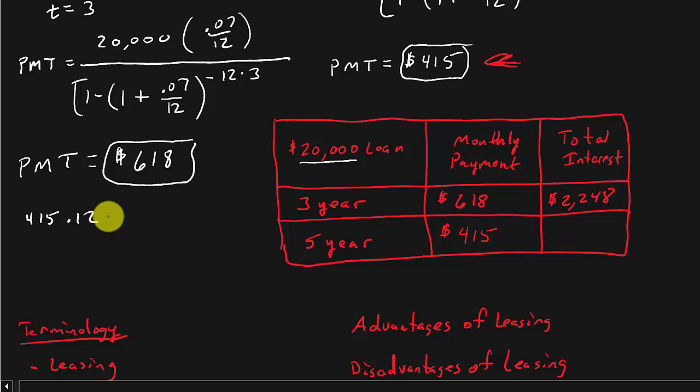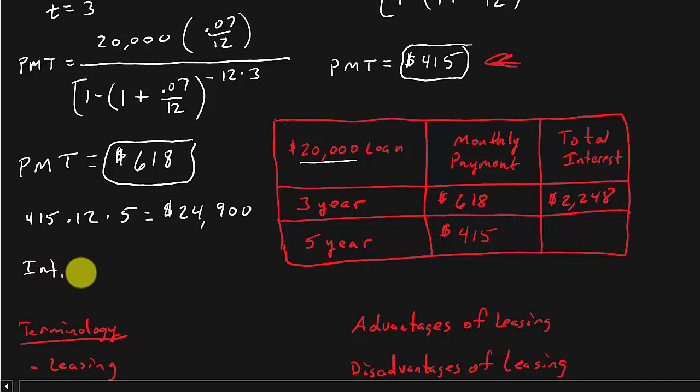There's 12 months in a year, and I'm doing that for 5 years. Remember, this is the 5-year loan we're doing now. So that's 415 times 12 times 5, which is $24,900.